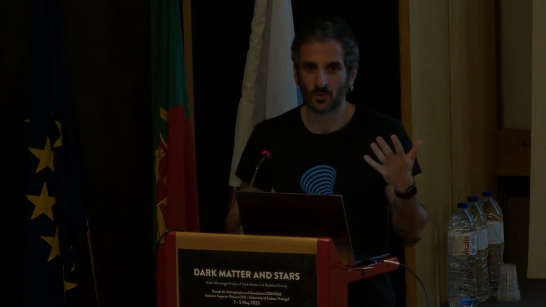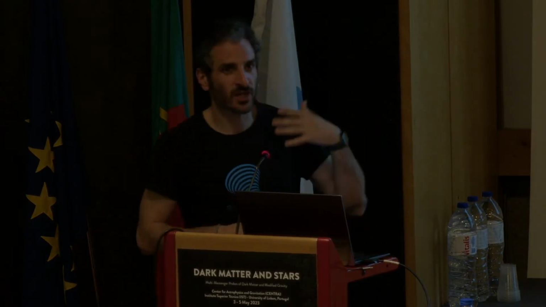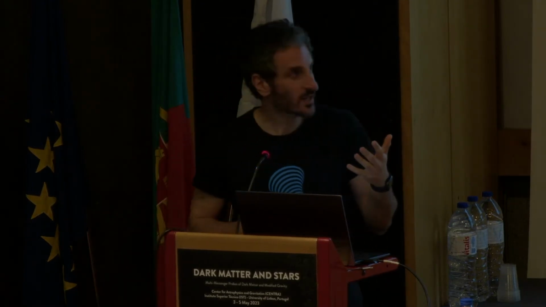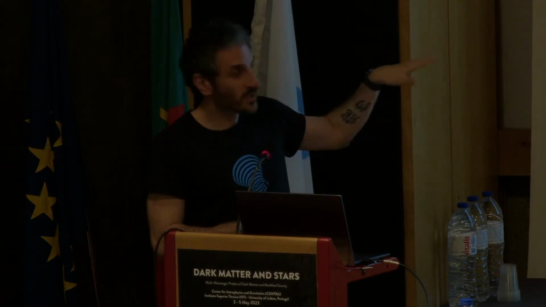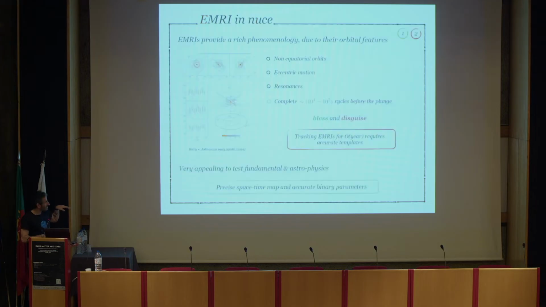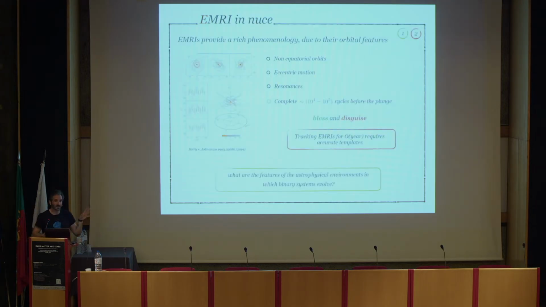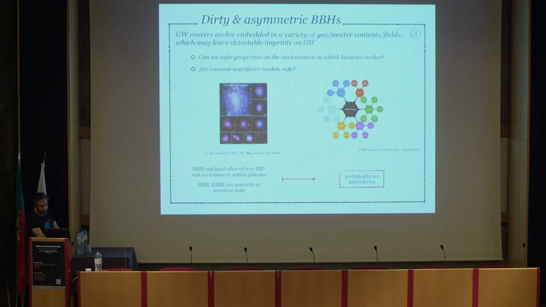This is, for example, what the self-force program in vacuum GR has dedicated more than 20 years to produce: accurate templates that can follow this long inspiral and not lose any cycles, okay? What we're going to do is use these systems and model them in order to answer these questions, and in particular, which are the features of the astrophysical environment in which binary systems evolve, okay?